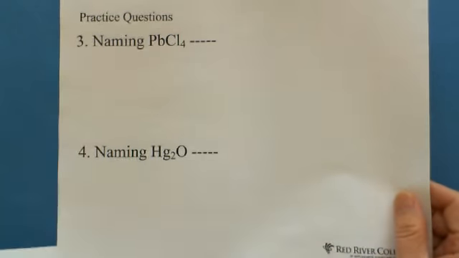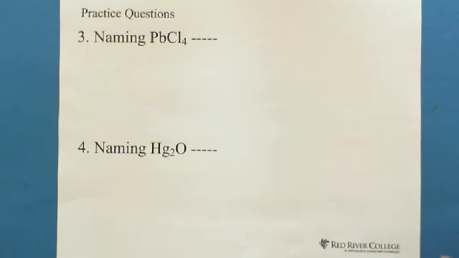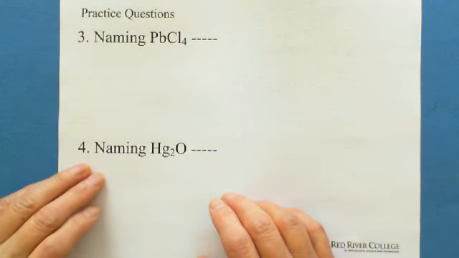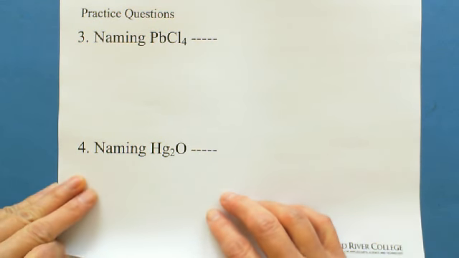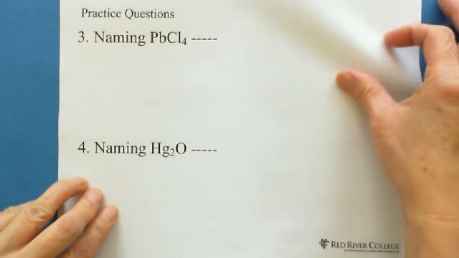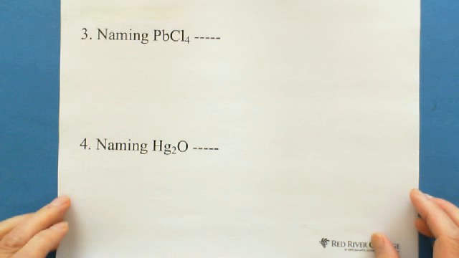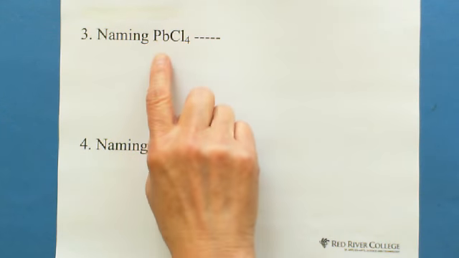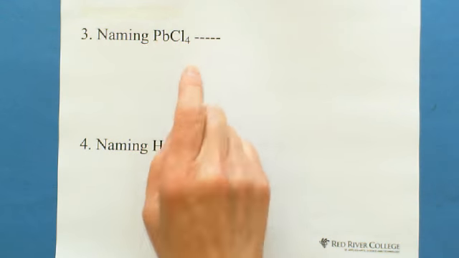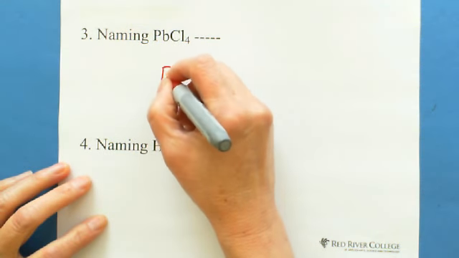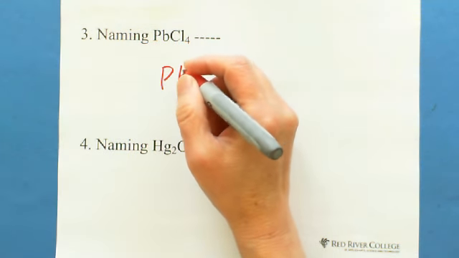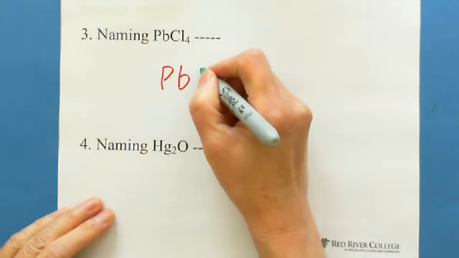Next are question 3 and question 4. Pause the video and practice, then look at the answer and come back. Okay, welcome back. What is the name of PbCl4? Pb is lead, Cl4.